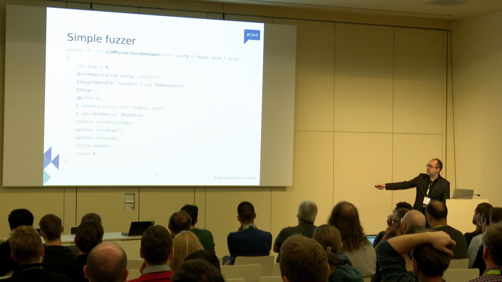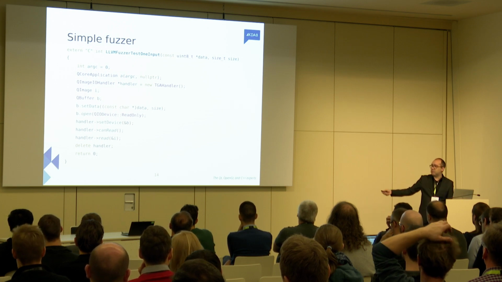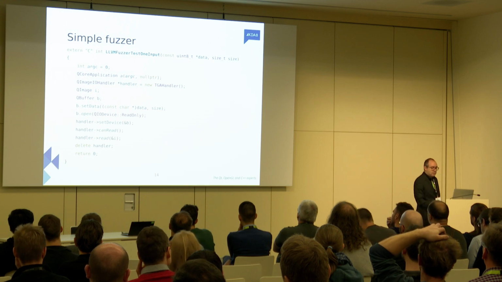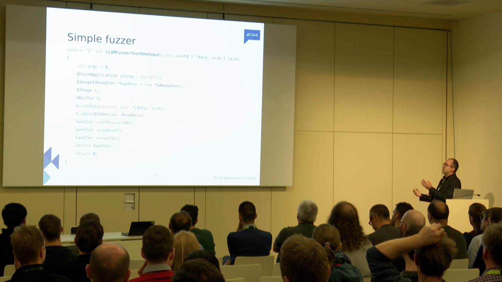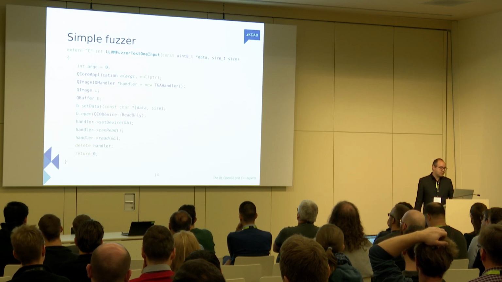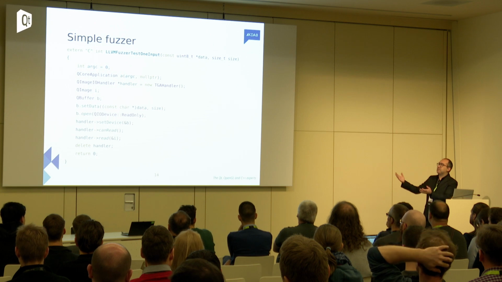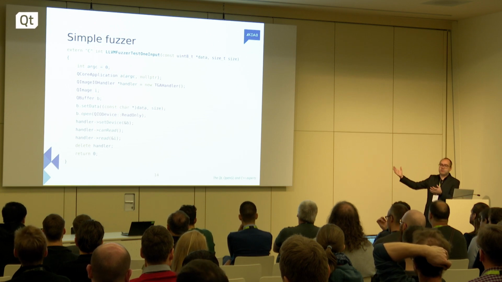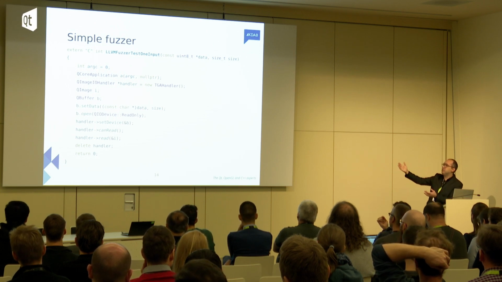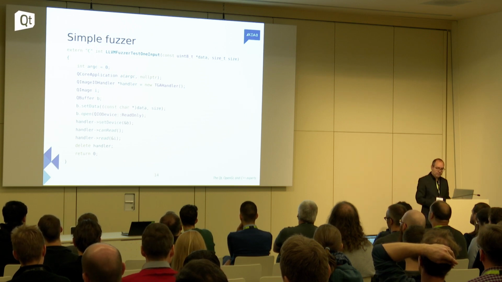It wouldn't be bad, but some people misuse the API, so it's not that bad that you call both, right? So that's how you would write a simple fuzzer. You would have your file parsing in your application. Your file parsing at some point gets data, right? So you would replace the QImageIOHandler with my file parser, whatever.